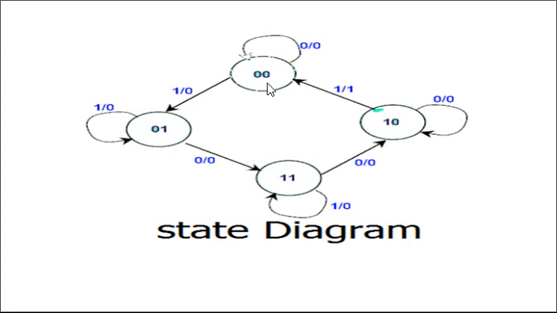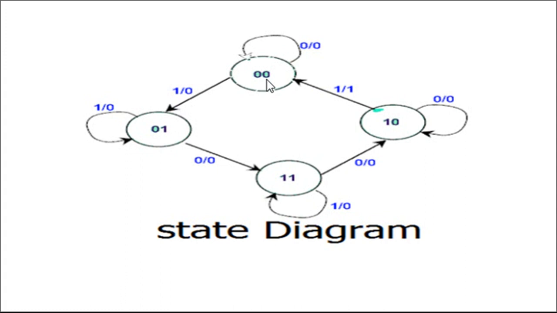Again, I will elaborate. Whenever present state is 0 0, input is 0, next state is again 0 0 and output is 0. Whenever present state is 0 0, input is 1, next state is 0 1 and output is 0.